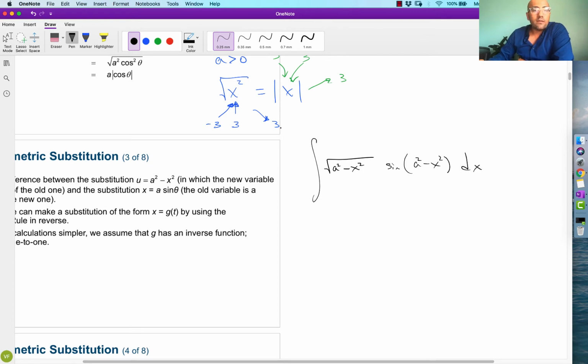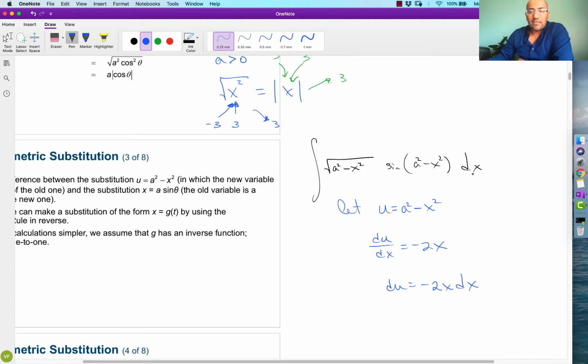Okay, so one idea could be to let a u substitution, u equal to a squared minus x squared, go in here. But as we saw before, when I take the derivative with respect to x, I'm going to end up with negative 2x. So du is going to be equal to negative 2x dx.